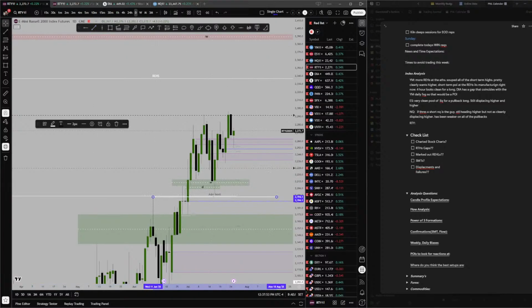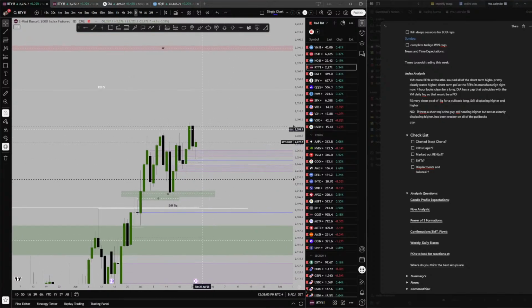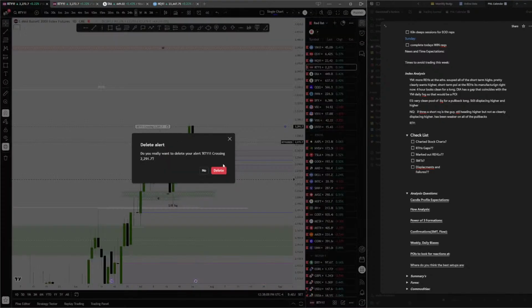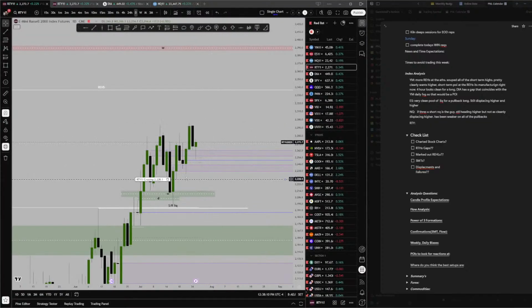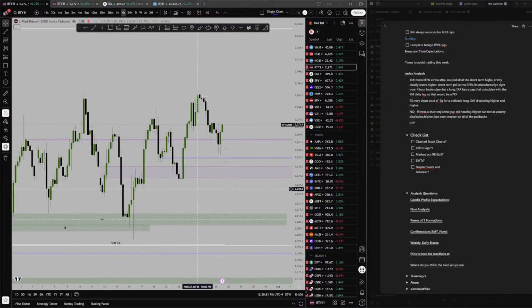I would imagine this is still going to be a huge pool of liquidity. Lots of lows. Can delete this alert. Probably delete that. Alright, not much else on the daily. We came up, swept things, retraded here, took out the high, and rebalanced this 4-hour inefficiency.